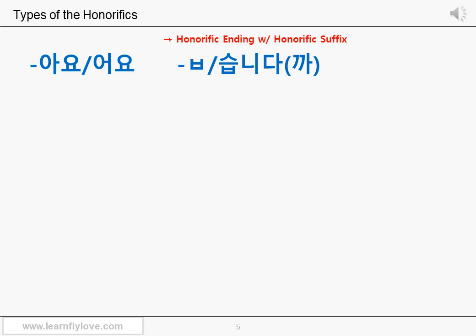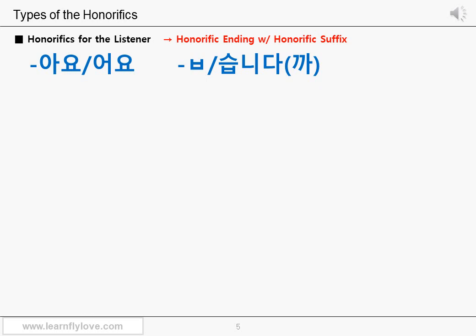As you know, the honorific endings 아요, 어요 and 읍니다, 씁니다 are for the listener. Again, they are honorifics for the listener or audience. What does that mean? It means these honorific endings are used to sound polite to the listener.